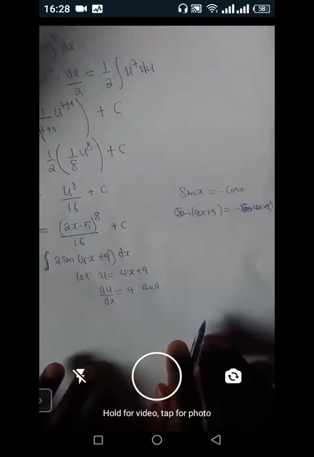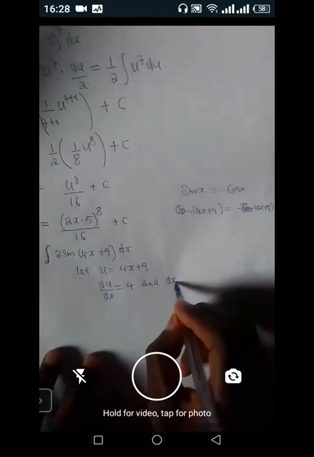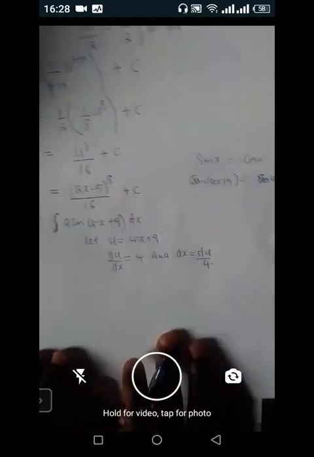And then you have dx being equal to du over 4. That's what we have. Okay. So you see, guys, you can pull out the 2 there. It doesn't really matter.